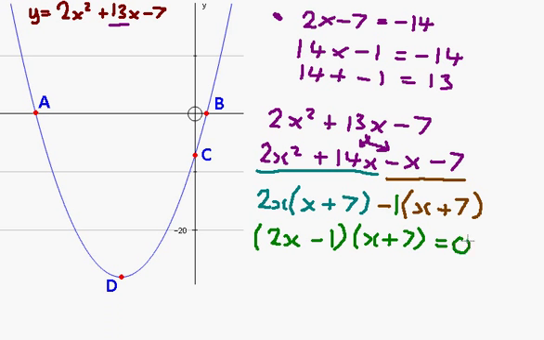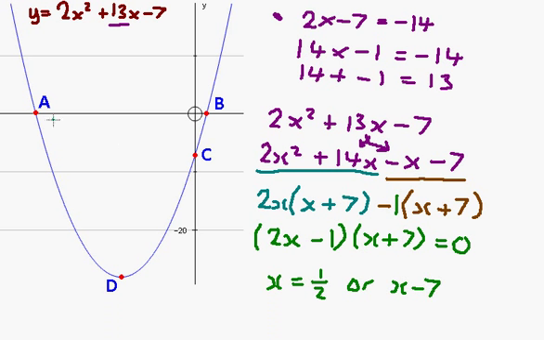Why is this? Well, I want to know where this parabola crosses the line y equals 0. So if I put y equal to 0, either this bracket is 0, in which case x must be a half, or the second bracket is 0, and in that case x must be minus 7.